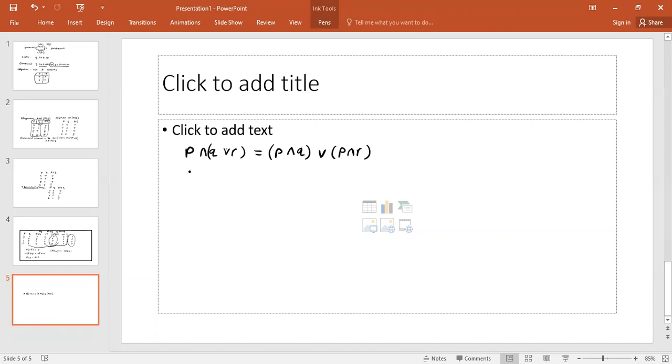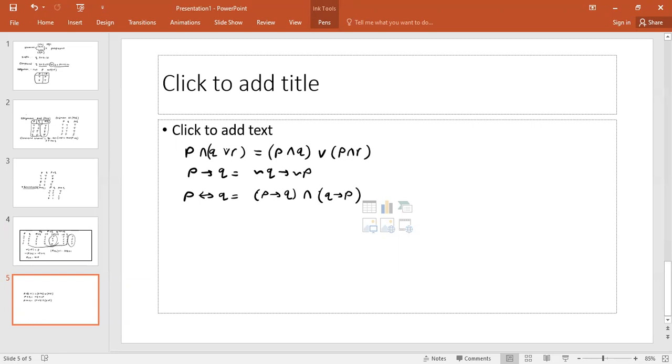In conditional, when P conditional Q is given, then negation of Q is conditional to negation of P. Or when P biconditional Q is given, then P conditional Q and Q conditional P. Okay.